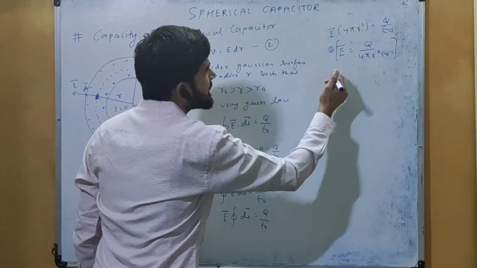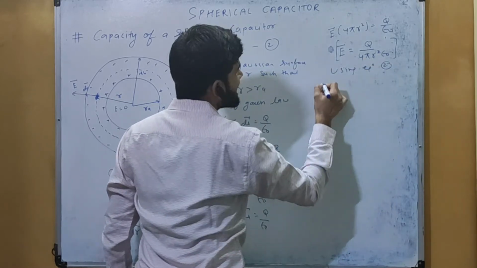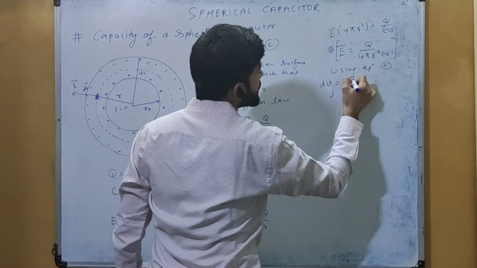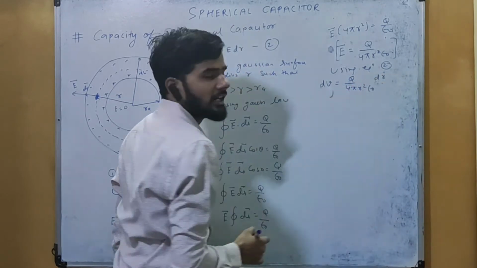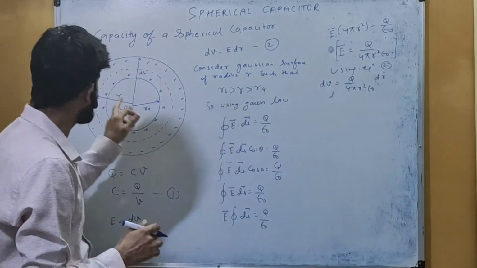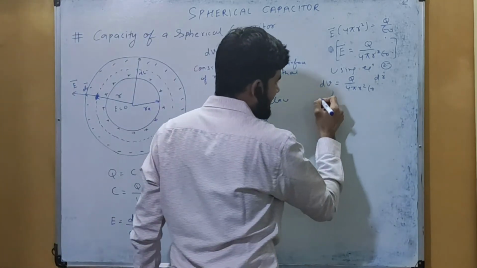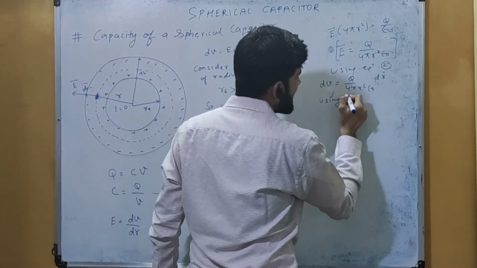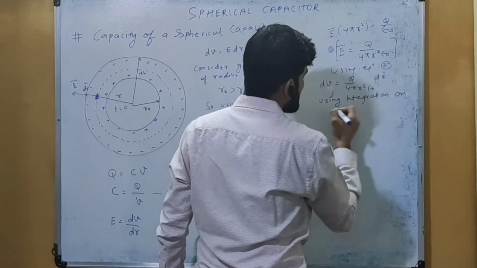Okay, so here using equation 2, I can write dV is equal to q by 4 pi r square epsilon naught dr. Okay, now this is the small potential. We have to find the total potential difference from one point to another point. So what we have to do? We have to integrate on both sides.